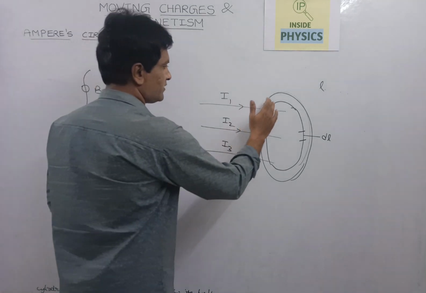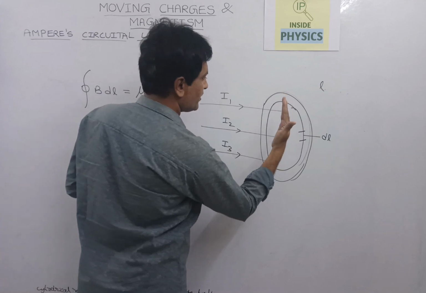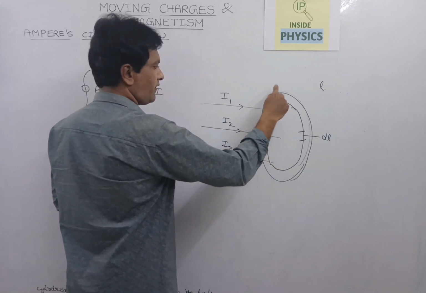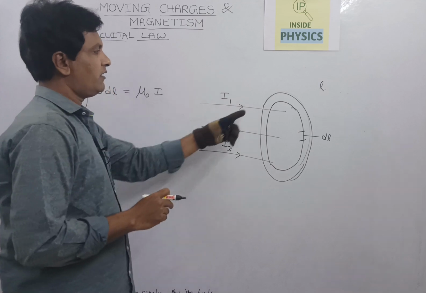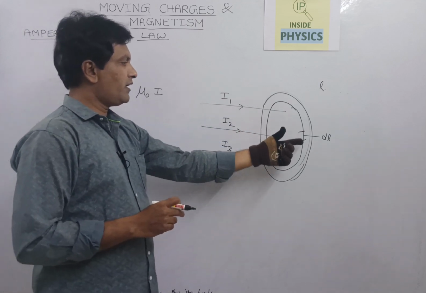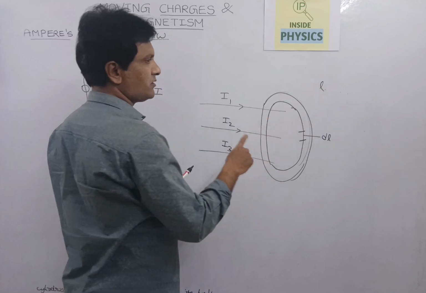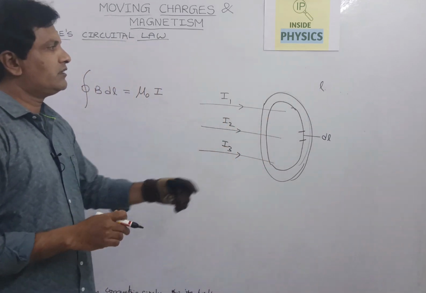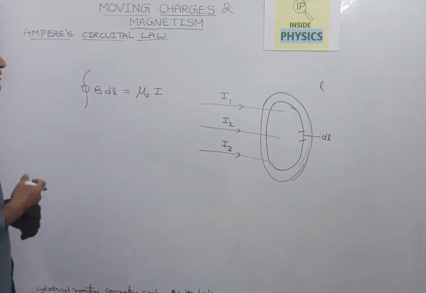The surface is like this, perpendicular to this board, and the surface is enclosed by a boundary which we have imagined, and the boundary has a total length. That means if it is a circular boundary, the total length is L, which is equal to 2 pi r, the perimeter of the circle.